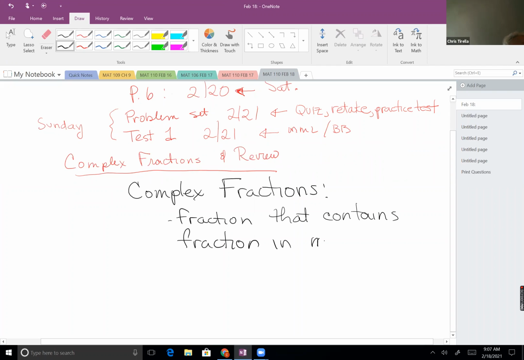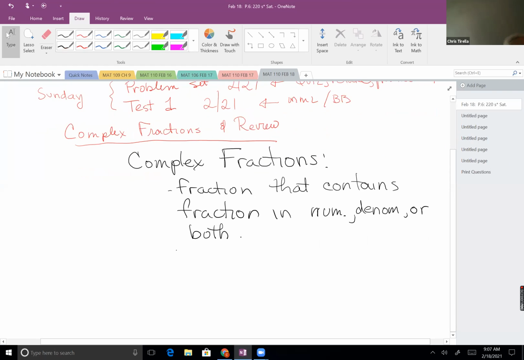And we want to simplify it. We want to be able to express it without a fraction within the fraction.